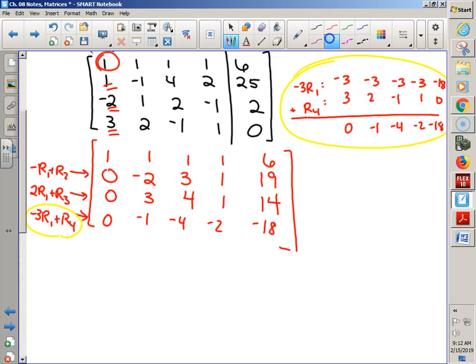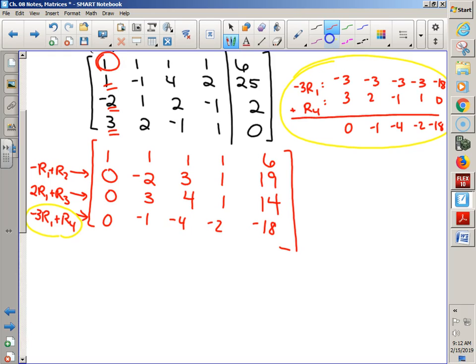For my mental mathers, though, we could have totally done negative 3 times 1, negative 3 plus 3, 0, times negative 3 plus 2, negative 1. Negative 3 times 1, negative 3 minus 1, negative 4. Negative 3 times 1, negative 3 plus 1, negative 2. Negative 18 plus 0. Got it. Have I eliminated all my x's, leaving one equation with one x? Yeah.